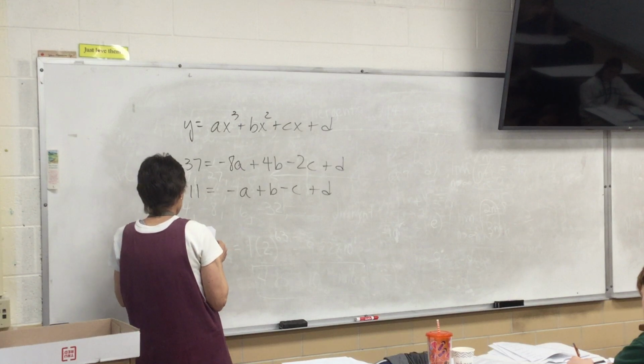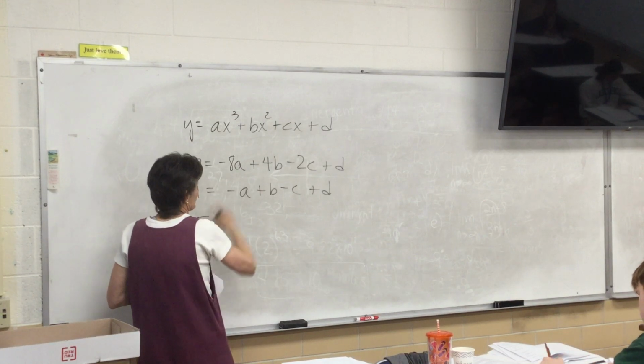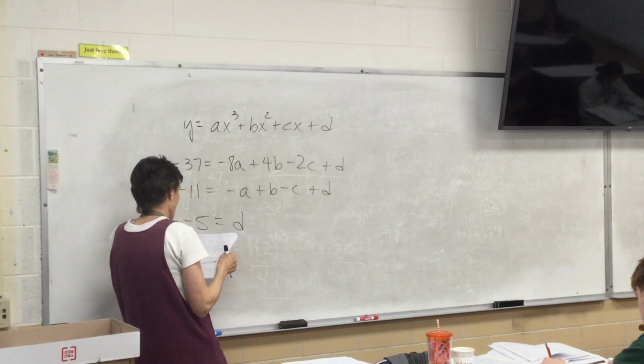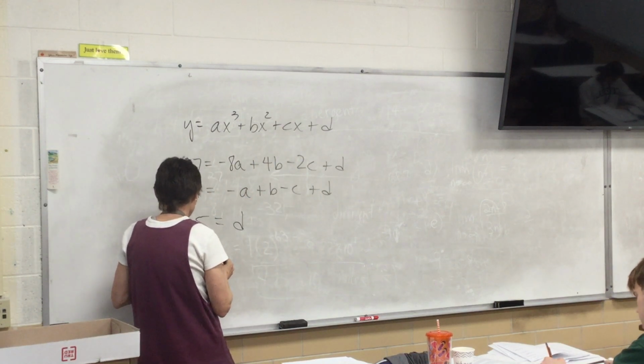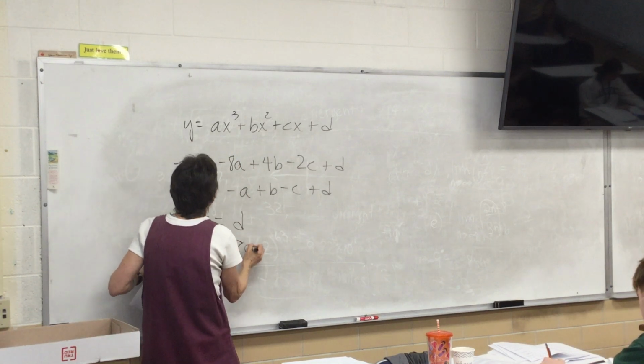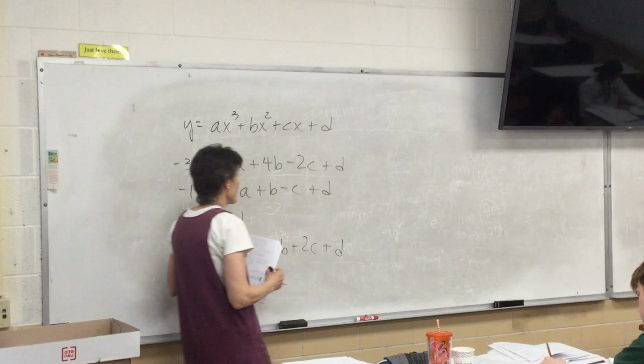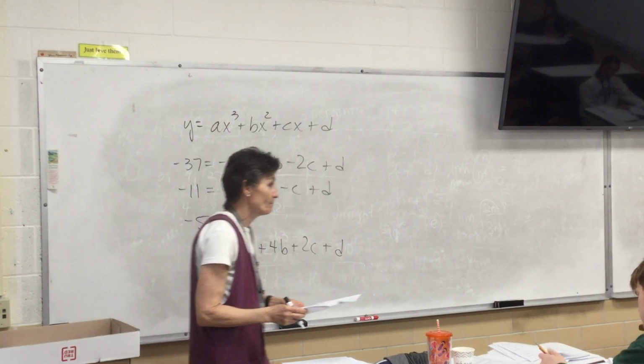And then I'm putting in 0, so that's just going to be d, because those are all plugging in zeros. And then positive 2. So 8a plus 4b plus 2c plus d. So there's your system of equations, Bronson.